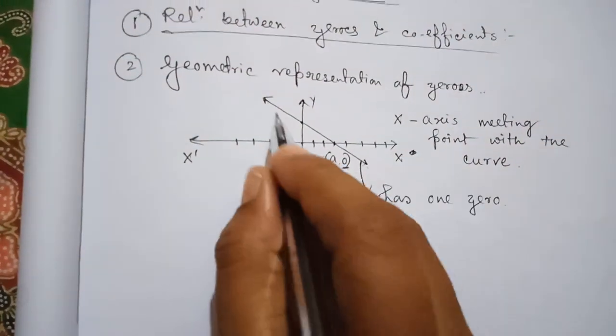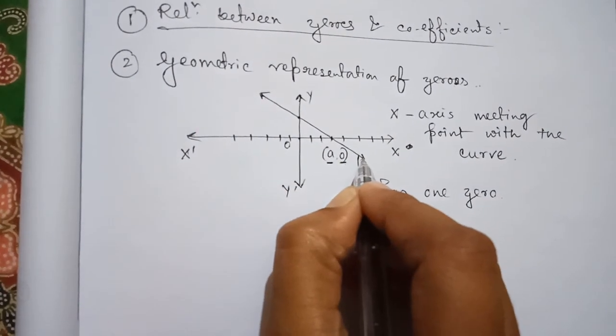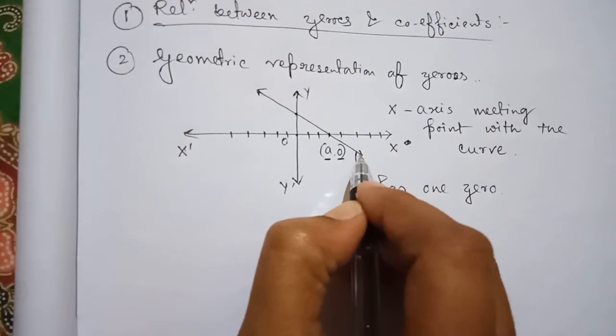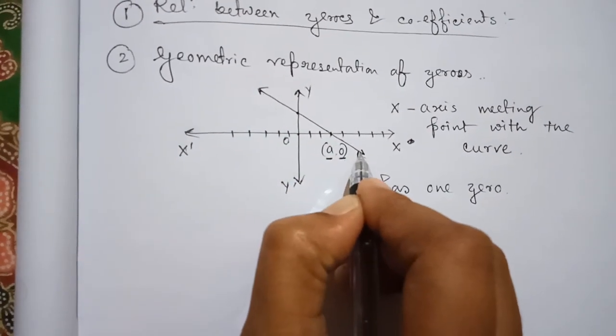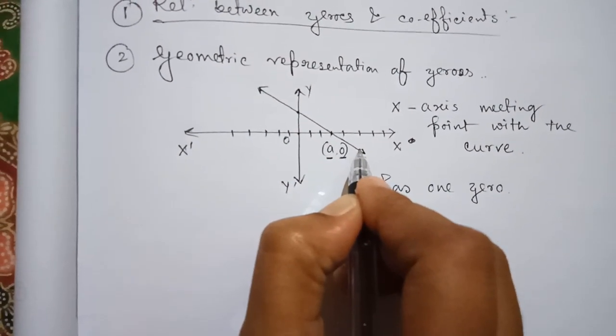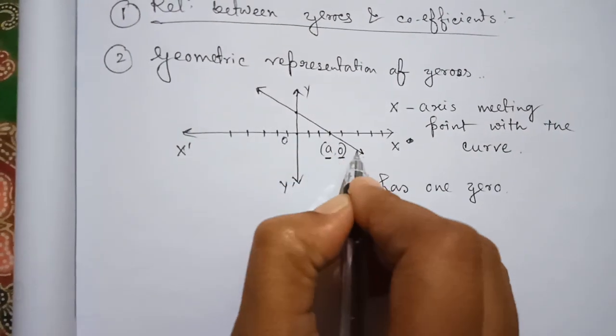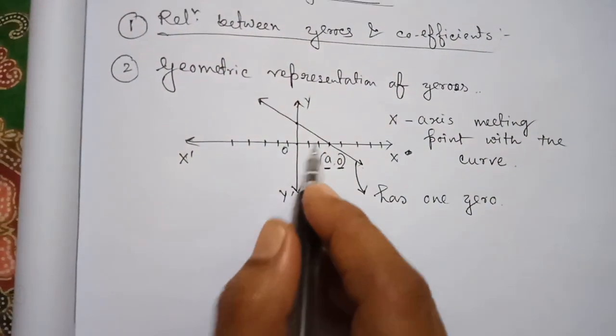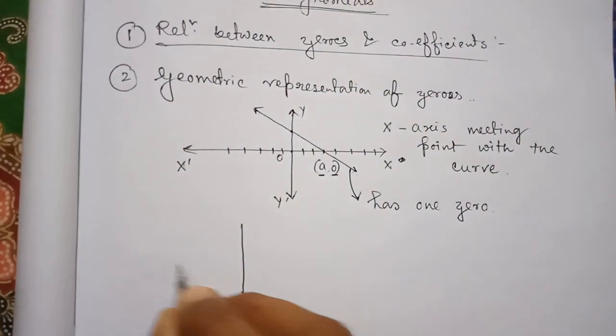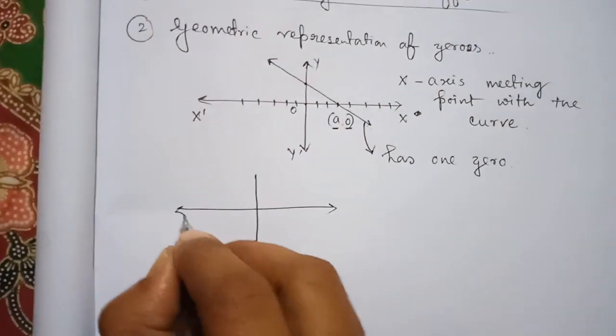And everybody knows this is a linear equation. Its representation is a straight line on the coordinate plane. Linear equation means 1 degree equation, 1 degree equation means one solution. So it's 1 zero.